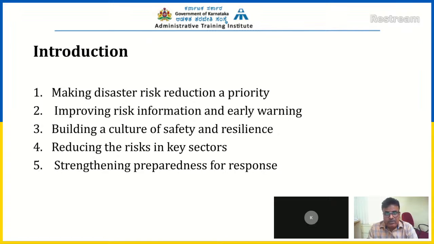For example, Kodagu is getting NDRF battalions. Why are they coming to Madikeri in Kodagu, Karnataka? They come regularly in the months of May and June, battalions from the National Disaster Response Force. Why do they come there? Because Kodagu is going to receive heavy rainfall.